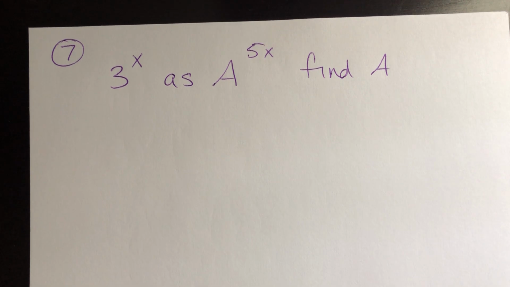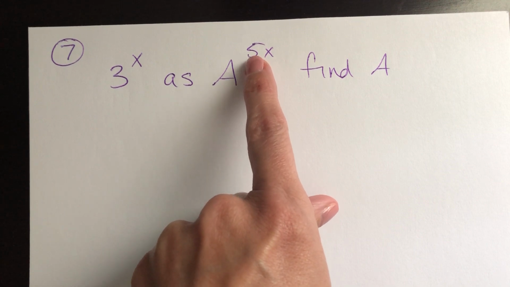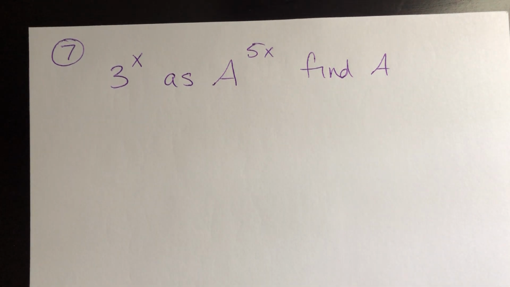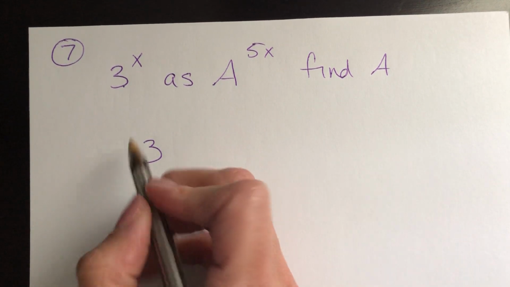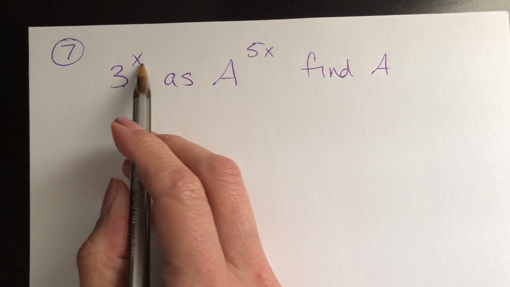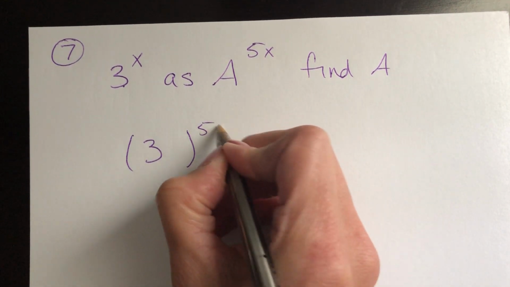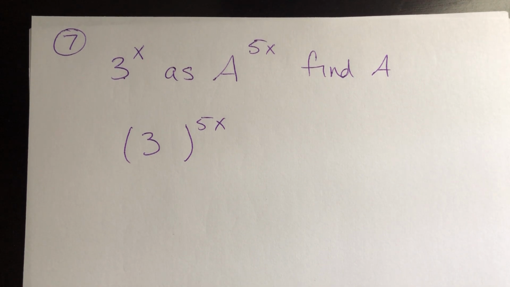All right, so we're trying to get this to be raised to the 5x. So I'm going to keep my base of 3. And I want this 3 to the x to become the 5x. So I have to think, how can I change an x to a 5x?